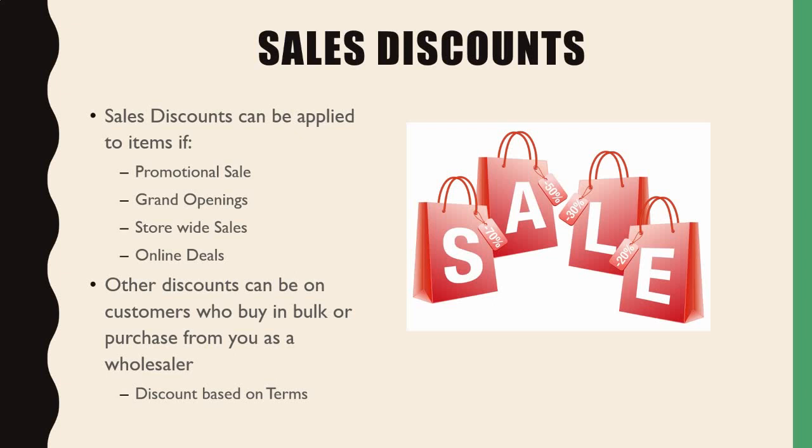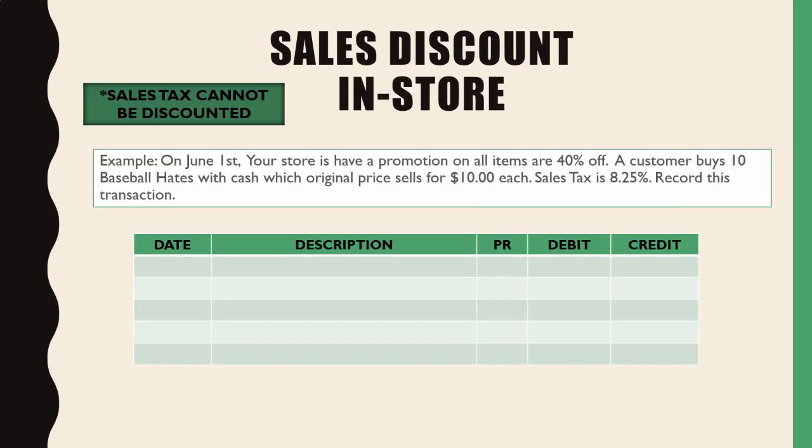So again, we can have a couple of discounts, right? You can have an in-store discount, or you can give individuals who, for example, open up accounts special discounts as well. Okay. So let's talk about how sales discounts work when you are in the store.